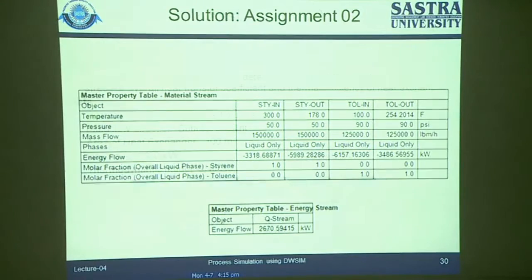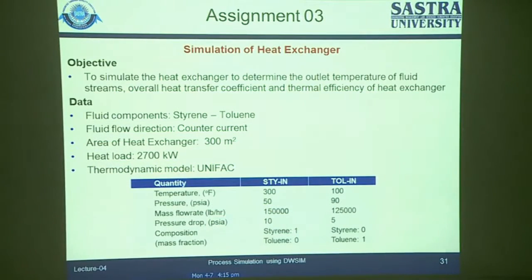Let us see what assignment 3 is for today. Assignment 3 is to simulate the entire heat exchanger as such. This is a further extension from assignment 2 which we have seen. It is essentially the same. The only difference is that we do not want to specify the exit temperature of the styrene outlet stream.